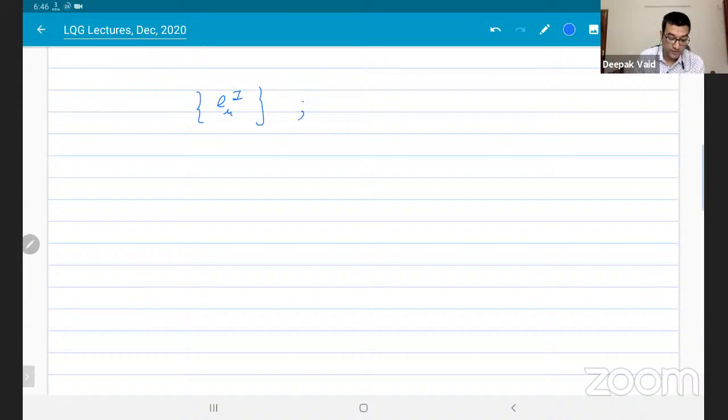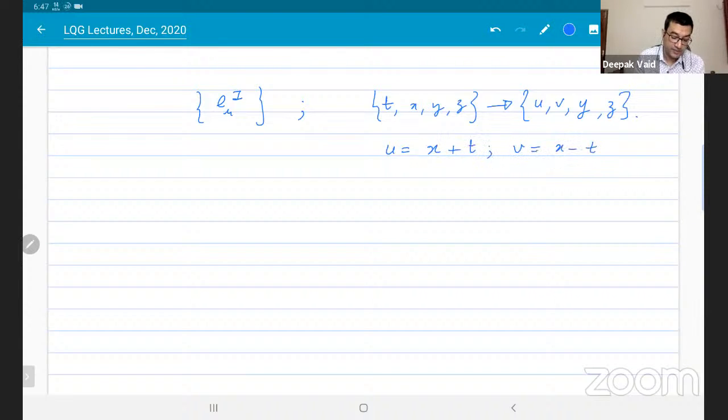More simply, if you're working with some coordinate system t, x, y, z, you can, for instance, go to some coordinates like u, v, y, z, where u would be something like x plus t and v will be x minus t. And so v will represent the outgoing light rays and u will represent the incoming light rays.